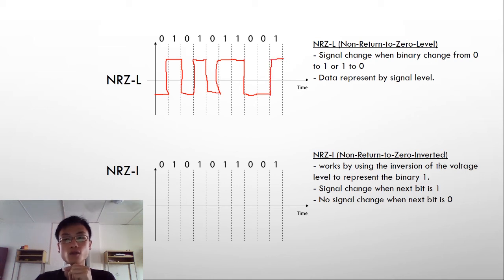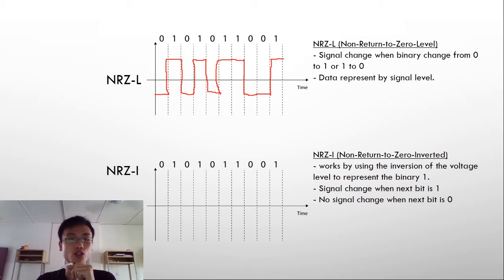Remember that when the binary changes from 0 to 1 or 1 to 0, the signal will be changed. So from the beginning, 0 is negative, when it goes from 0 to 1, it will change the signal to positive.